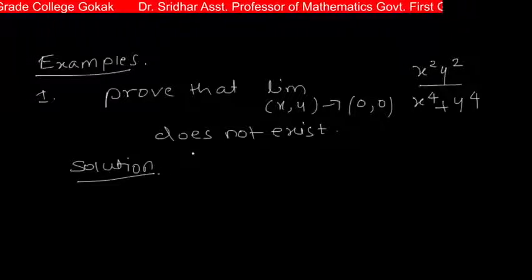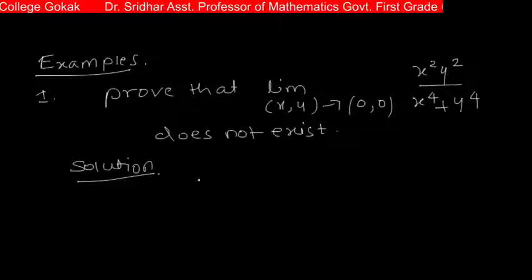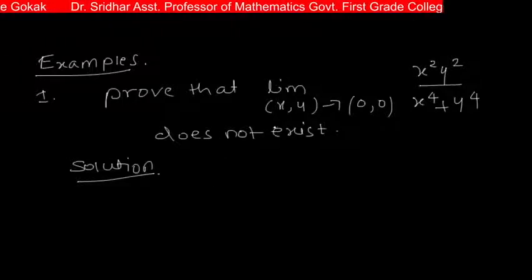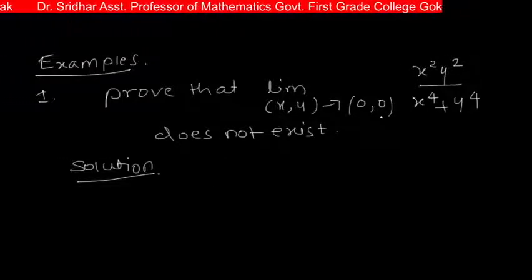So we have to show that this limit does not exist. That means the function is not continuous at the point (0, 0).